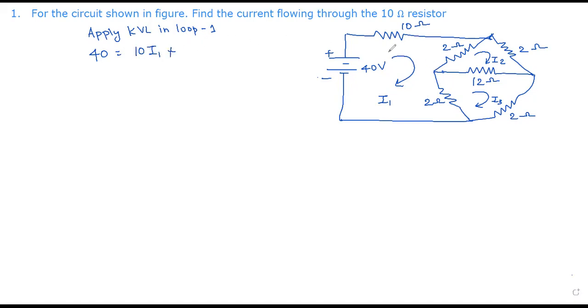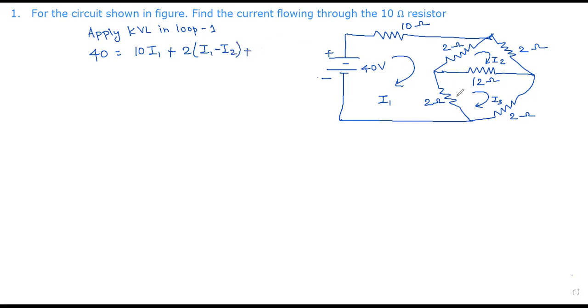Similarly, for loop 1, we have a 2 ohm resistor. Through this 2 ohm resistor, two currents are flowing. One is I1 going from top to bottom, and another is the current in loop 2 going from bottom to top. So the drop is 2 into (I1 minus I2).